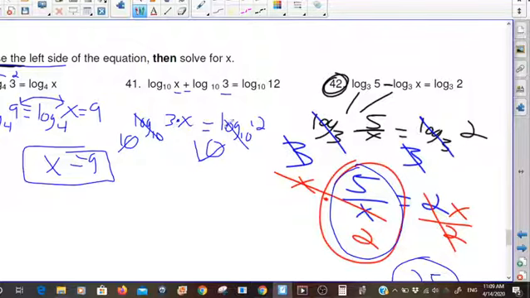And you're just left with 3x equals 12. So 3 times x equals 12. Well, what's x going to be? 3 times what is 12? 3 times 4 is 12. If you don't like that, just divide by 3, because it's being multiplied. So divide by 3, solve for x. And 12 divided by 3 is 4.